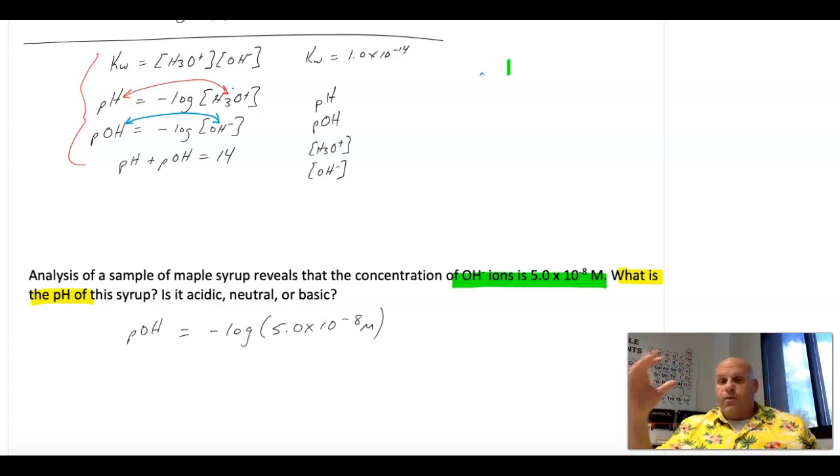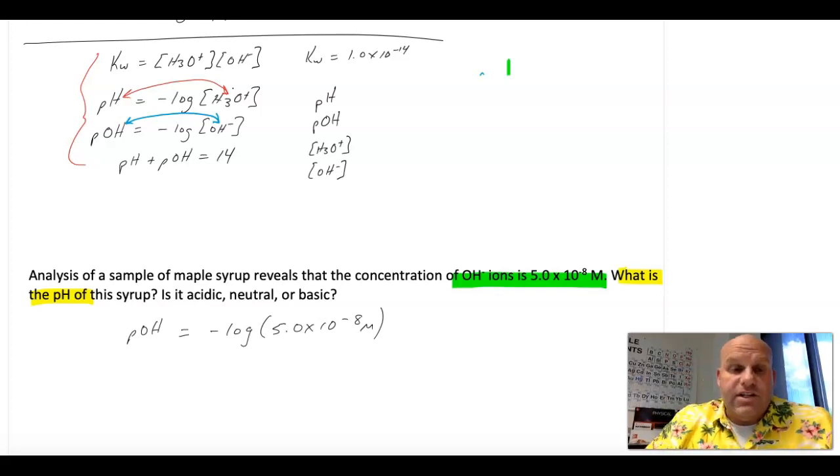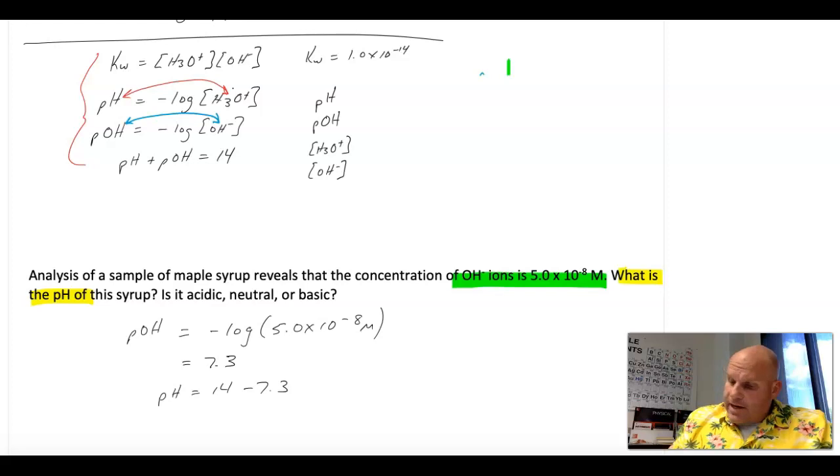There are a couple of different paths you could follow here. If I did this first and solved for the pOH, we get a pOH of 7.3. Now to get the pH, I would say 14 minus 7.3, and I would get a pH of 6.7.